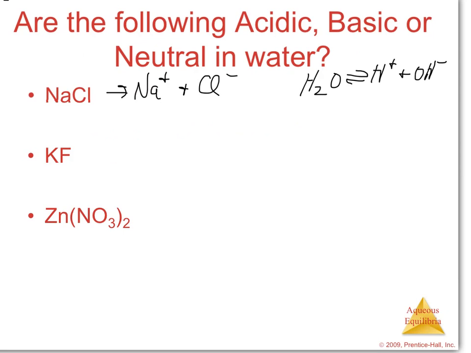Now we have to mix and match. The cation of the one will go with the anion of the other. The anion of one will go with the cation of the other. And draw what we actually get from that. So I'm going to get sodium hydroxide and HCl.